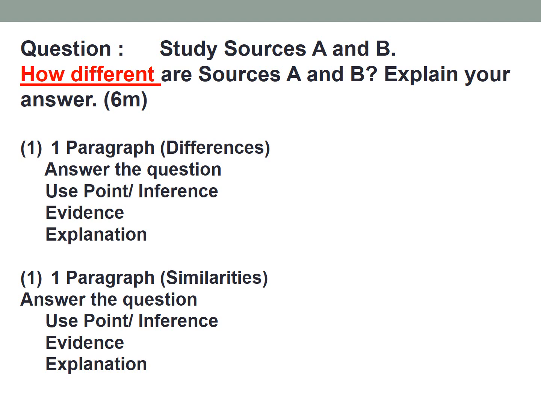First thing we need to do is to answer the question. And how do we answer the question? We answer the question by saying sources A and B are different. So the first sentence should be sources A and B are different.